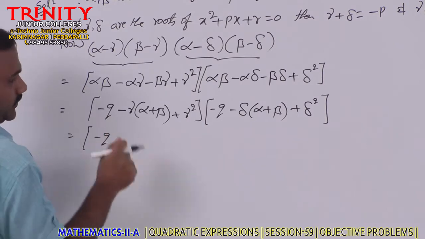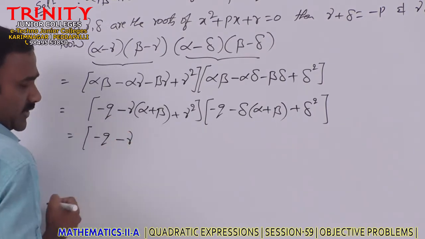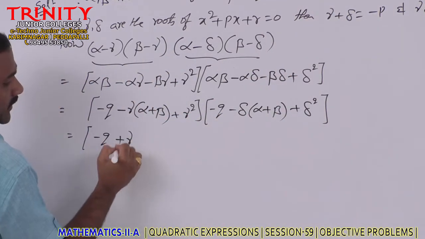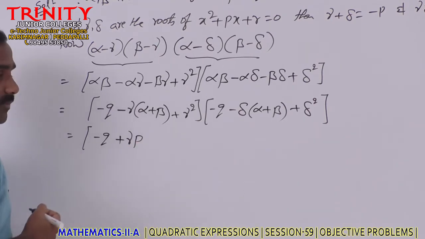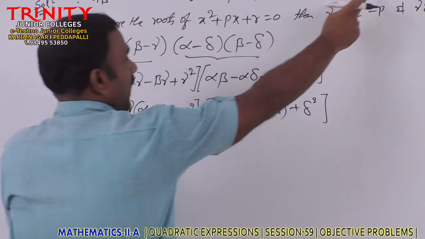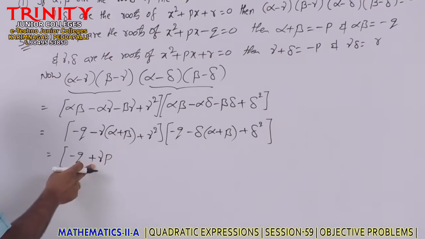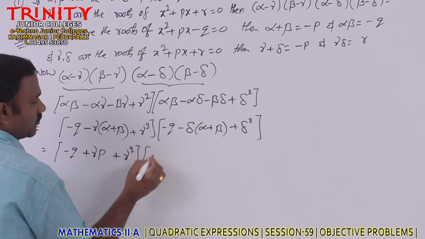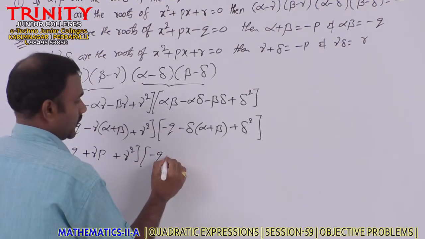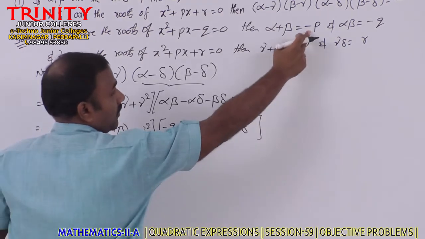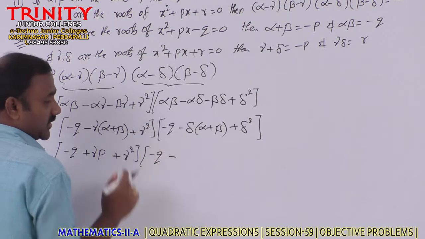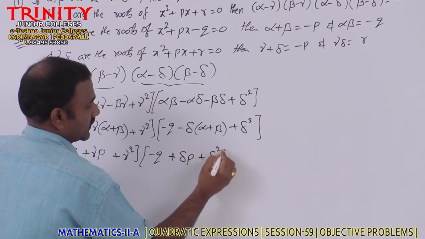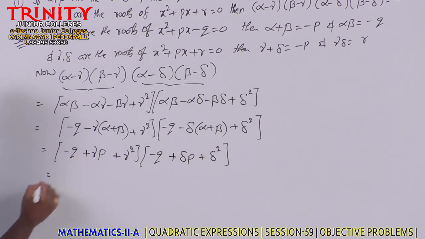Minus q, and then next minus gamma into alpha plus beta value minus p, then it becomes plus p gamma, plus gamma square. Into minus q, minus alpha plus beta value minus p into minus delta, it becomes plus delta p plus delta square.